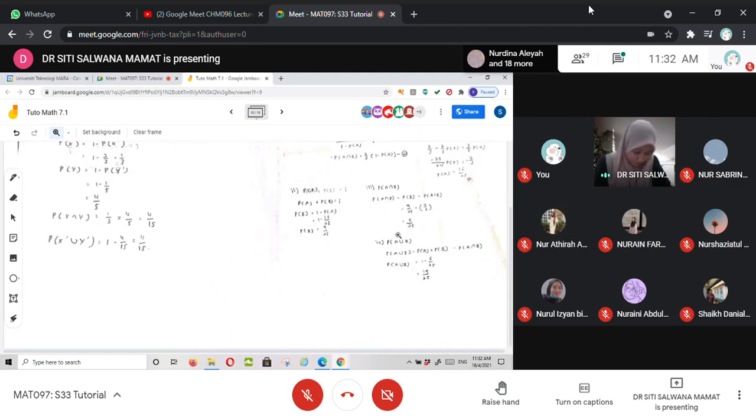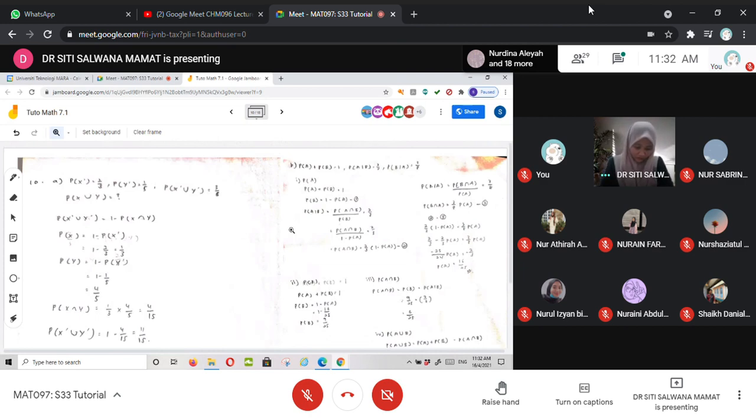Okay. So yang ni kita kena tengoklah dia punya rule. Okay, macam question number 10A. Okay, so dia bagi union between X complement and Y complement. Okay, so this is dia punya probability for X complement.